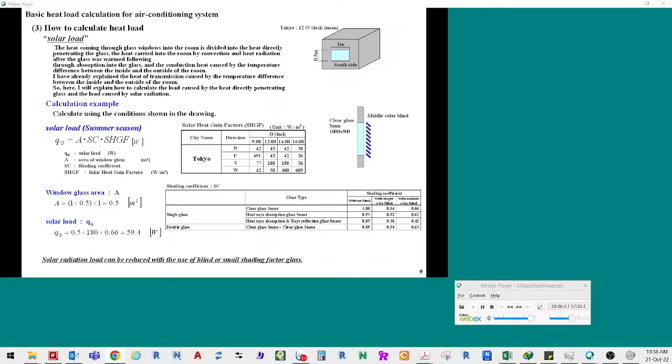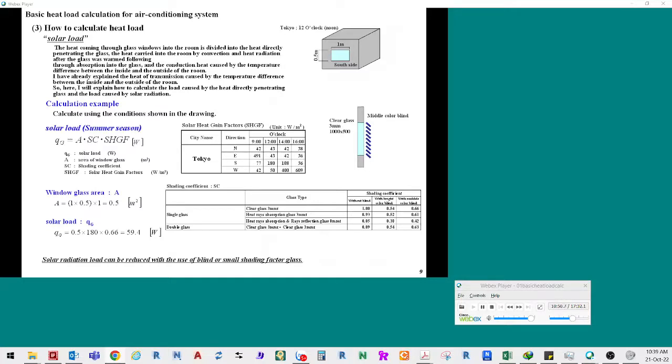The heat coming through glass windows into the room is divided into the heat directly penetrating the glass, the heat carried into the room by convection and radiation after the glass was warmed following absorption into the glass, and the conduction heat caused by the temperature difference between the inside and the outside of the room.